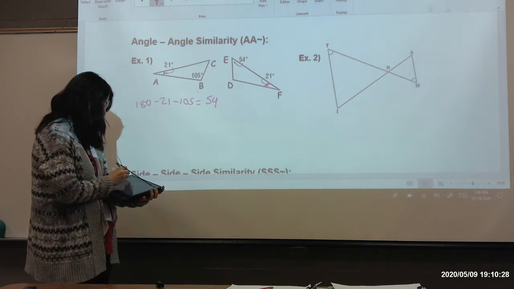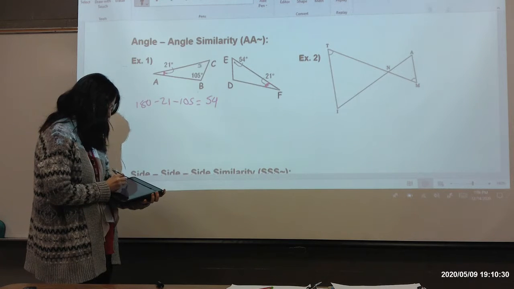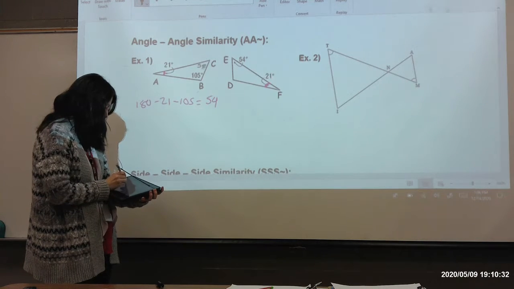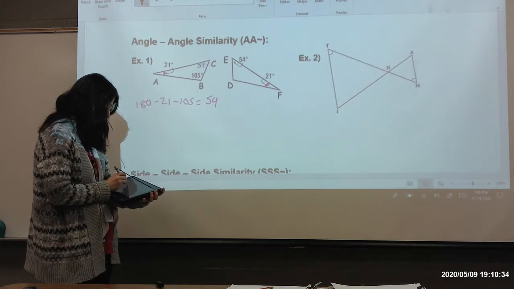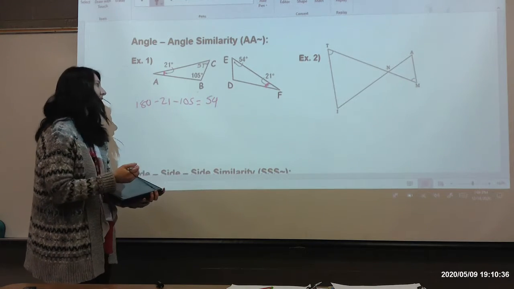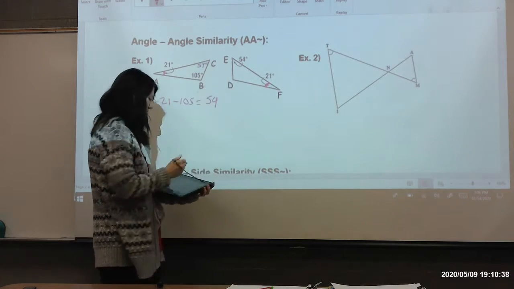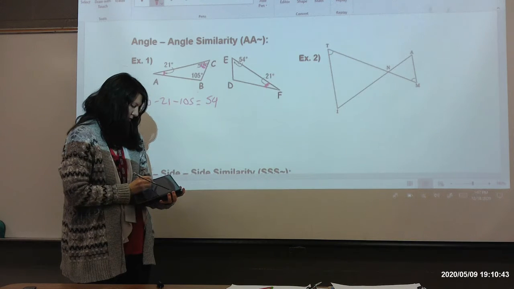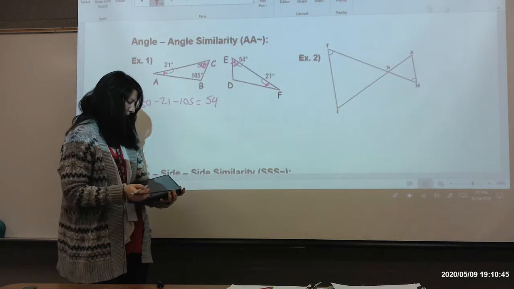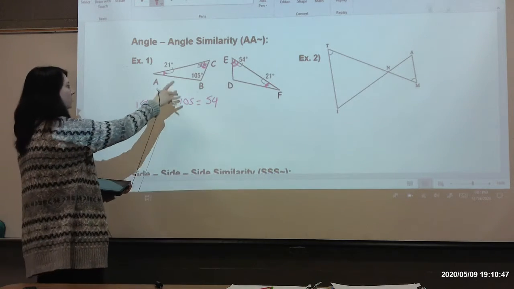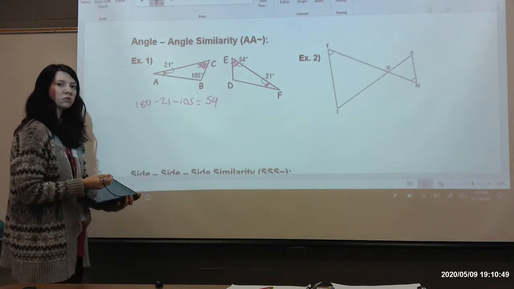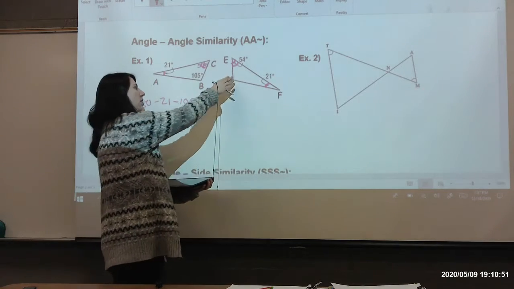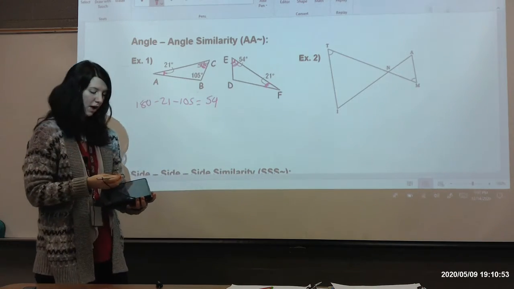So this third angle has to be 54 degrees in order for it to be a triangle. So now that I've done that math, I can see, hey, we have another set of congruent angles, so I'm going to mark it with 2 marks. Okay? So doing our math told us we had 2 sets of congruent angles. It doesn't even matter what the third angle is, although if you calculated it, it would be 105.